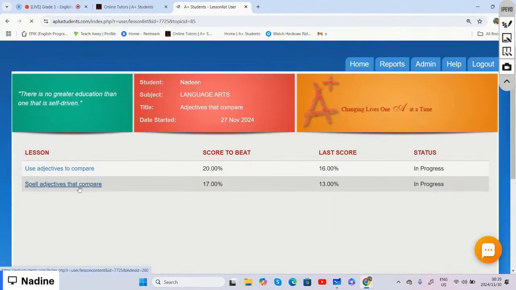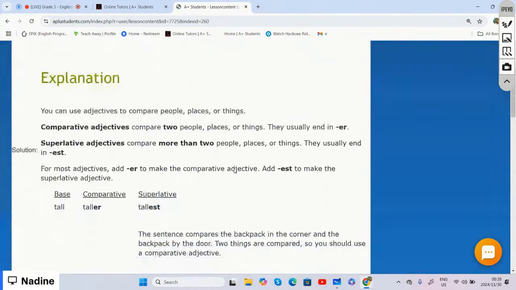Now we're going to spell adjectives that compare, right? Once again, we said we use comparative adjectives to compare two people, places, or things, and it ends in er, like taller, smoother, meaner, fresher.